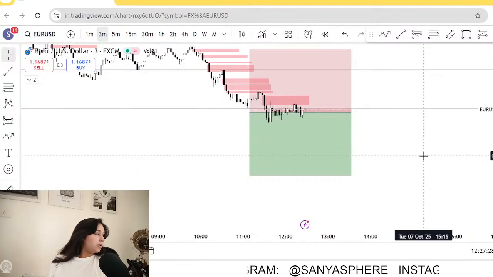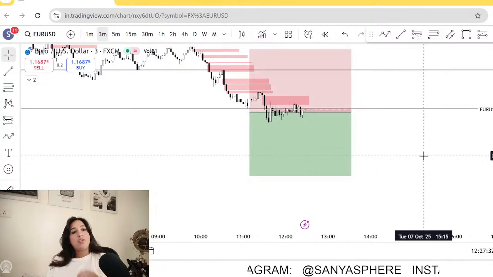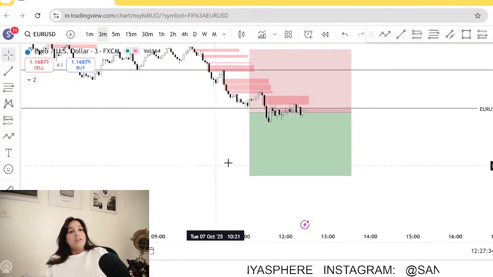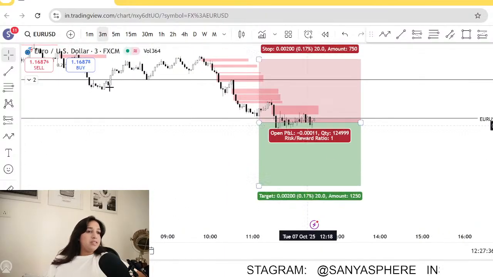By the way, in the morning I shorted the Euro. Yeah, I'm also in the short trade for the Euro. Let's see. I might be late to the party, but let's see.